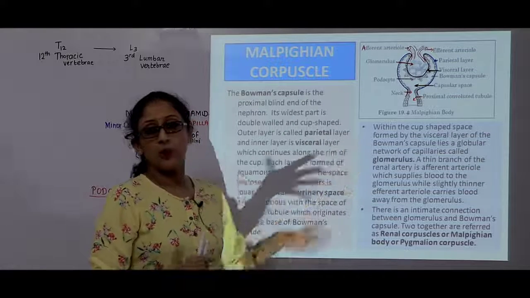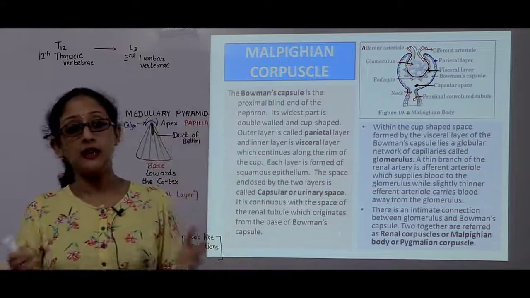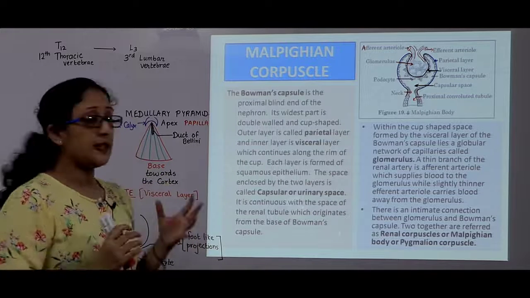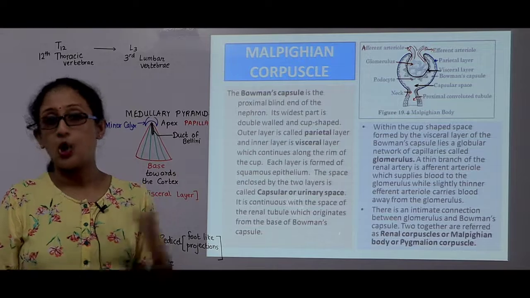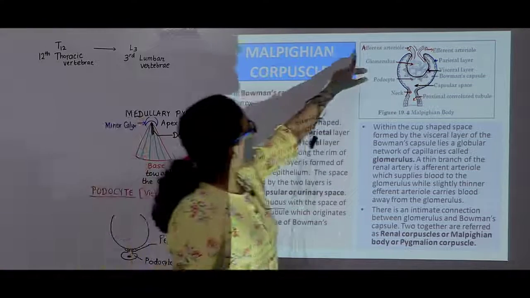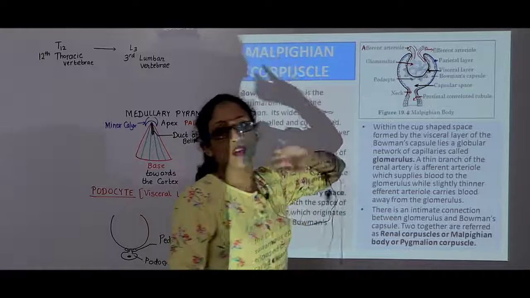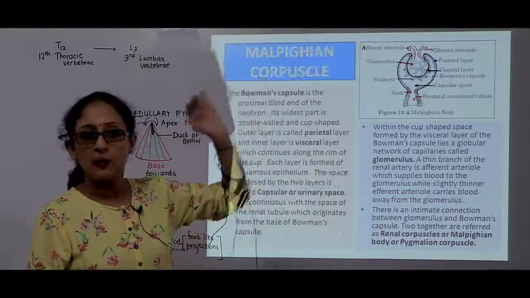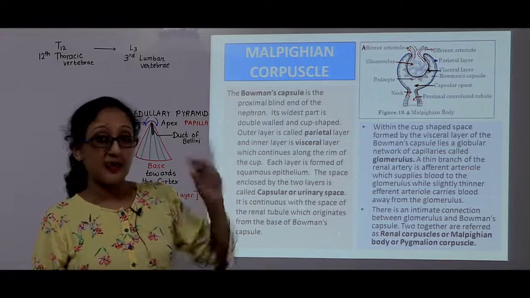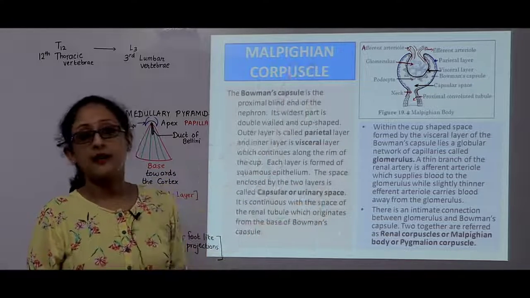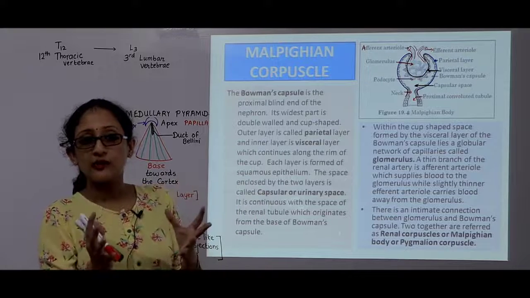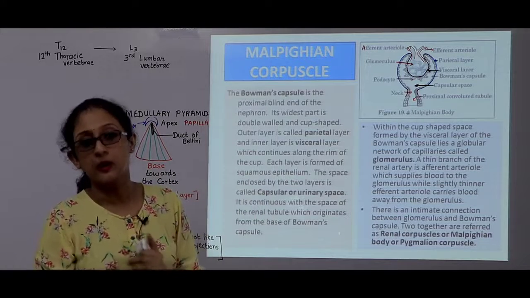Next, what about the glomerulus? Within the inner visceral layer, you have a network of blood capillaries called the glomerulus. The larger diameter afferent arteriole, which is the branch of the renal artery, will carry more blood in. I gave you an example of 10. But the smaller diameter efferent can only carry out 7. So the rest of the fluid accumulates in the glomerulus.